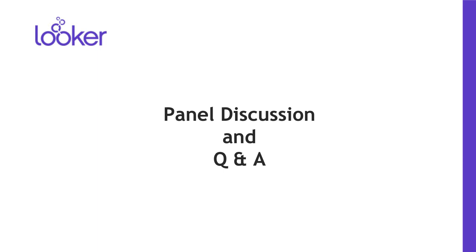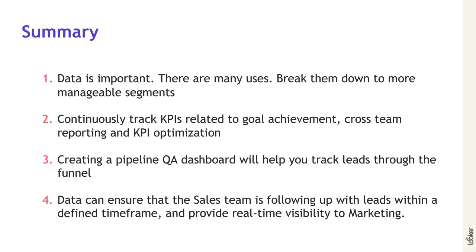Just to kind of wrap everything up, a quick summary. Data is important, and it's important everywhere, and it's important that you look at it by all of the different segments and slice it in all the different ways. Additionally, continuously tracking KPIs and measuring these across time and really being able to see how things are changing is also very important.